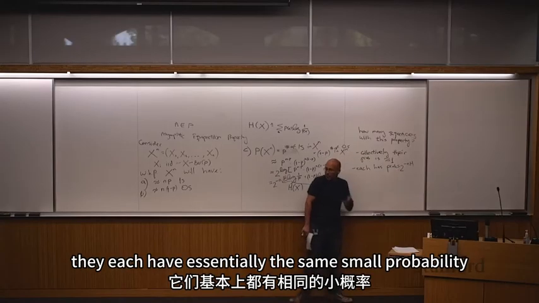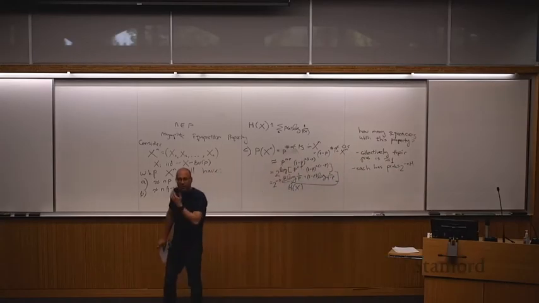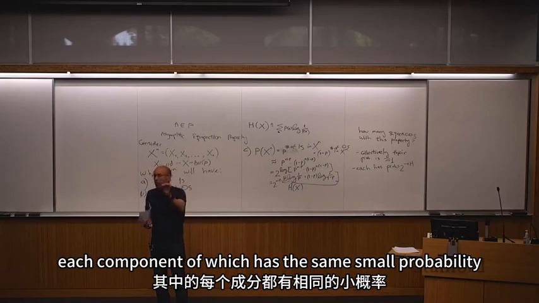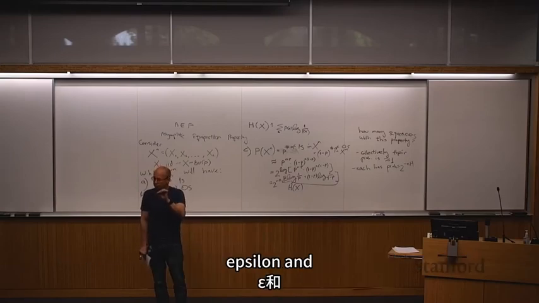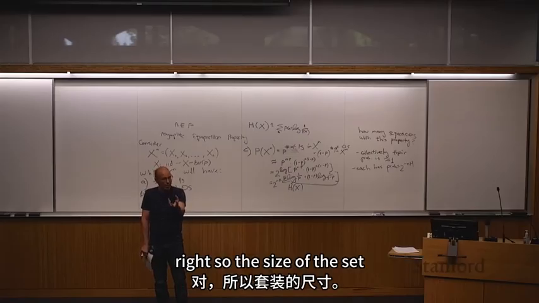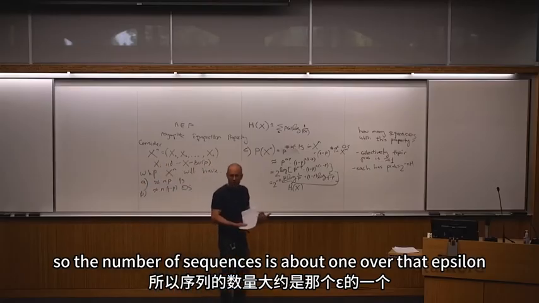They each have essentially the same small probability, let's say epsilon. I'm asking about the size of a set, each element of which has the same small probability epsilon, and the sum of all the probabilities of the elements of this set is about 1. So the number of sequences is about 1 over that epsilon.